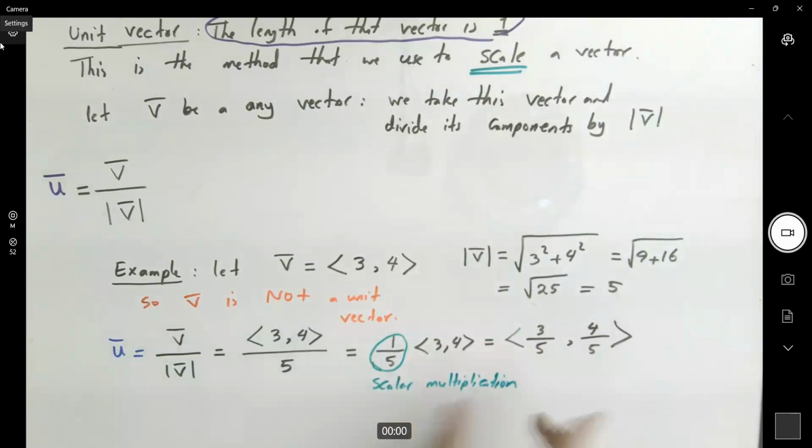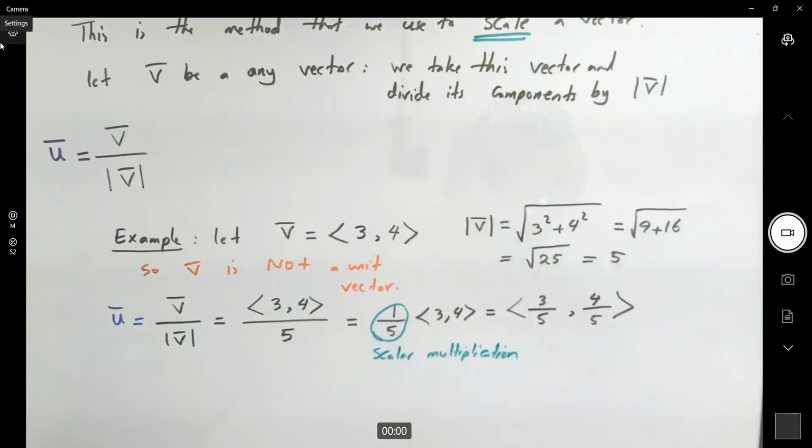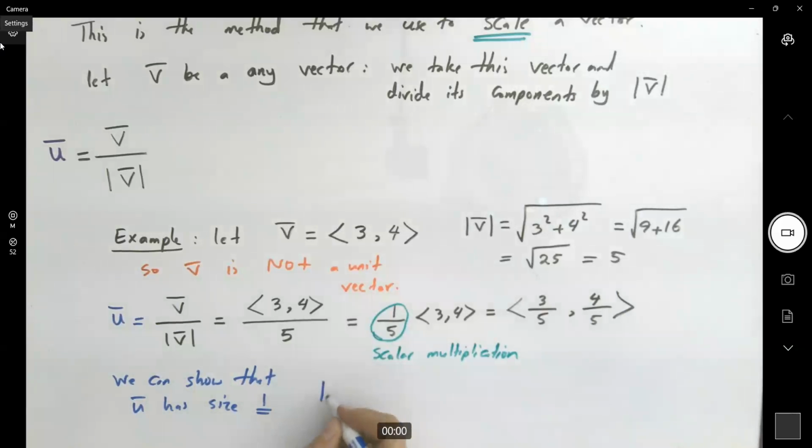So how do you show this new guy is a unit vector? We can show that U has size 1. So what's the magnitude of U?